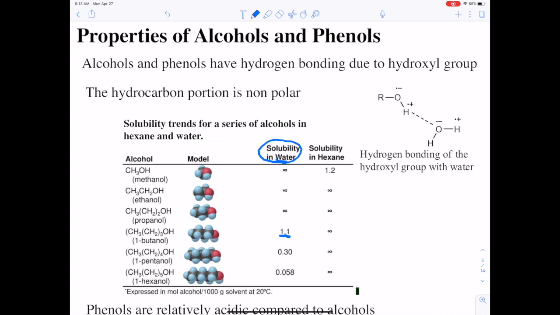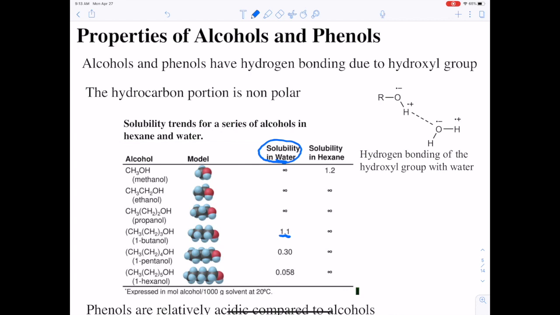You can dissolve that much butanol in water, and then you exceed the solubility and it will form a separate layer. And as the hydrocarbon chain increases to pentanol, hexanol, the solubility in water goes down because the hydrocarbon chain is getting longer and the favorable interactions with water are being countered by increasingly unfavorable interactions with the nonpolar portion.